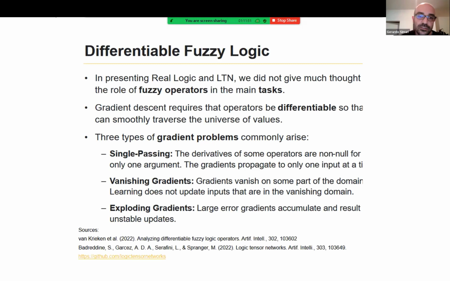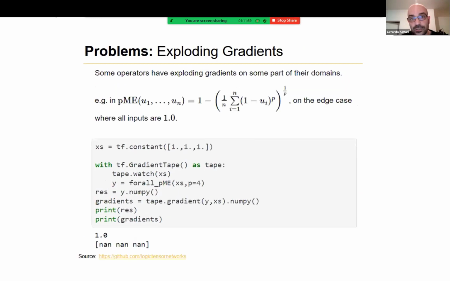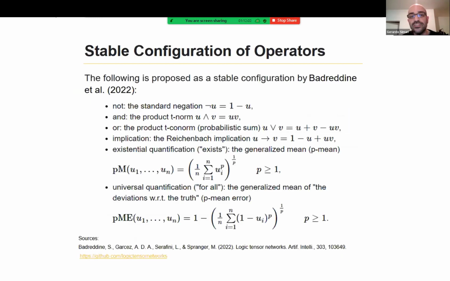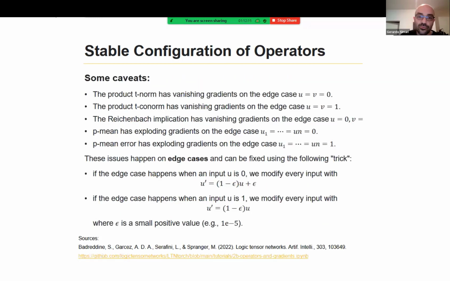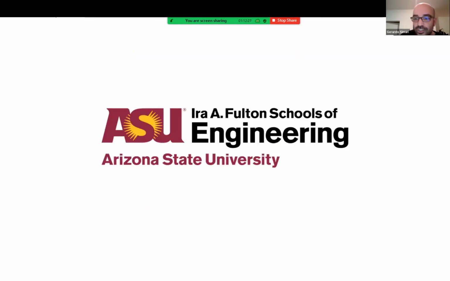And you have the vanishing and exploding gradients that we saw also in the background material, and just a way of fixing this, where the authors propose a stable configuration that gets rid of these problems just by doing a little bit of math, essentially, right? So if you avoid some sticky edge cases, and you choose your functions wisely, then all of this is possible. Thanks for your attention.